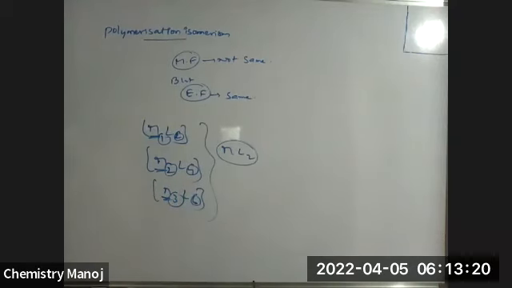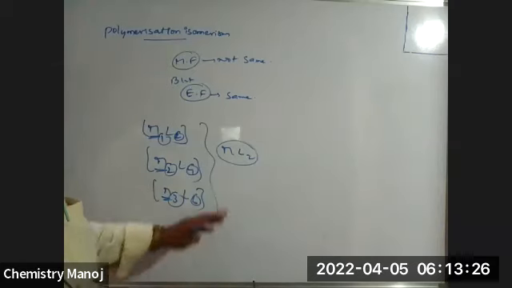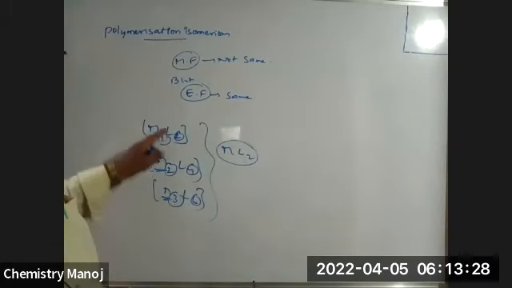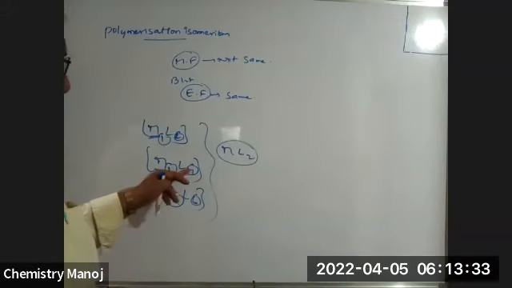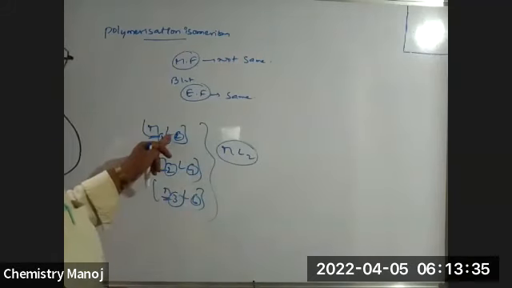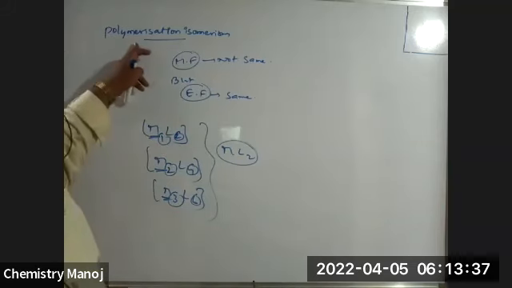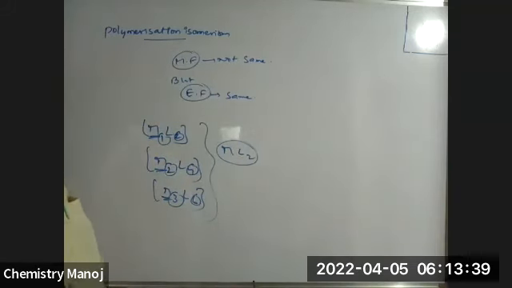Not the same. When complexes like these are there, it is a polymer: 2 times, 3 times like that, dimerized, trimerized forms of this one. That isomerism is called polymerization isomerism. Clear? Okay.